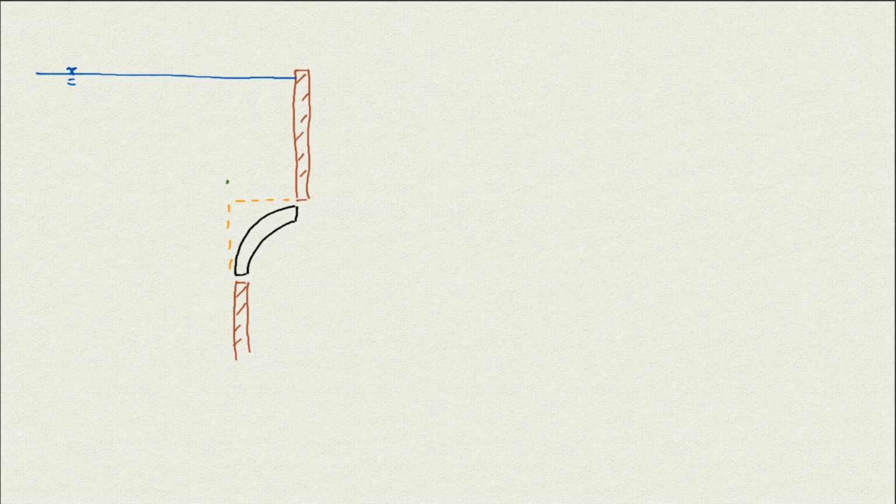So we have the horizontal pressure here, and then we have the vertical pressure here, then we have the horizontal pressure here, and then we have the weights, and we can replace them with this vertical force, this horizontal force, and the weight as well.